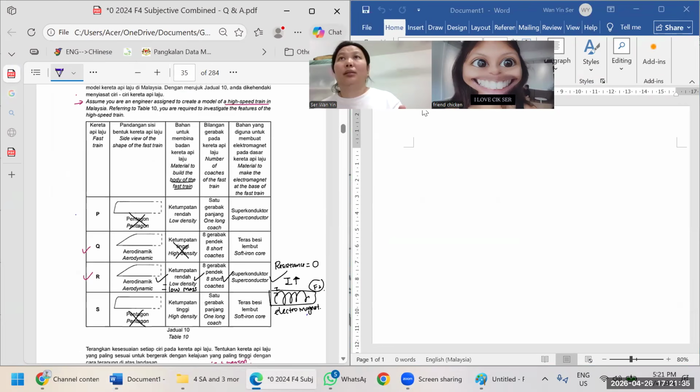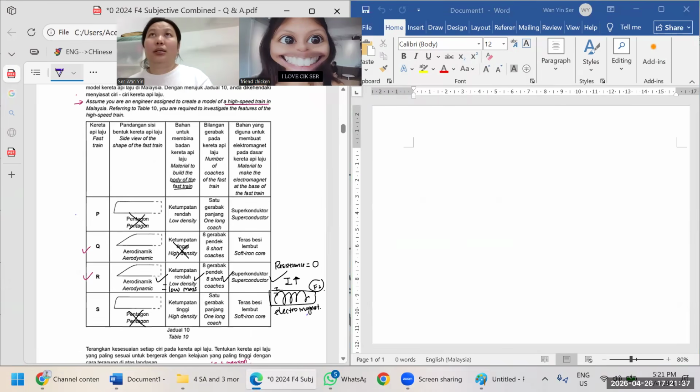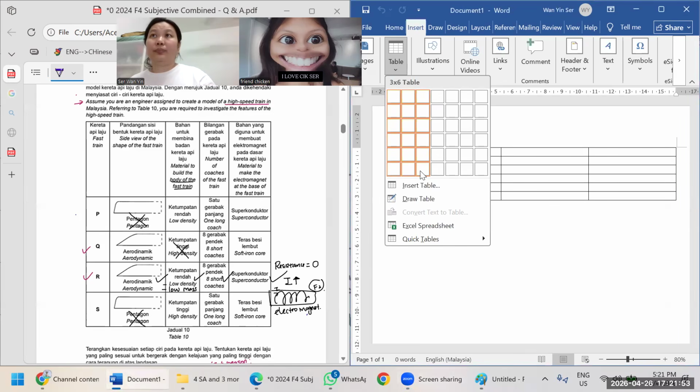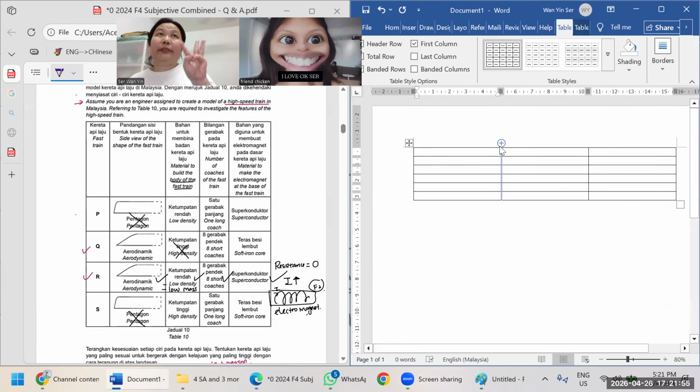When you see question 9 or 10 or 11, you use the test bed inside the paper. For me, I like a 3-column table. But if you say, teacher, I like 2 only, can, no problem, as long as you draw a table. Okay.